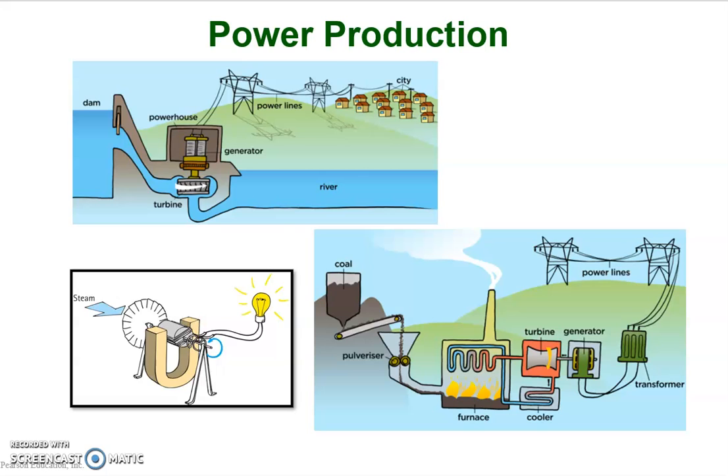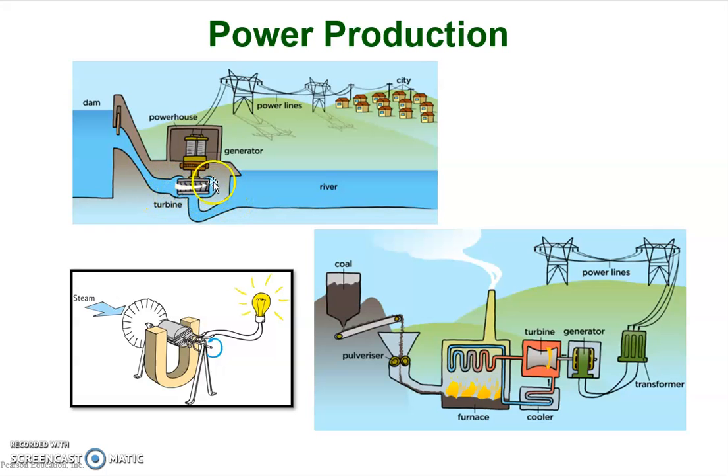In the power plant, we have different kinds of sources, different ways to produce power. For example, we have the dam, where we accumulate water within the dam and produce a potential energy difference. When they release the gate, the water will flow from that point to the lower potential energy point, and the gravitational potential energy will be converted to kinetic energy. It moves faster and faster and hits the turbine here, and the turbine will start to rotate.